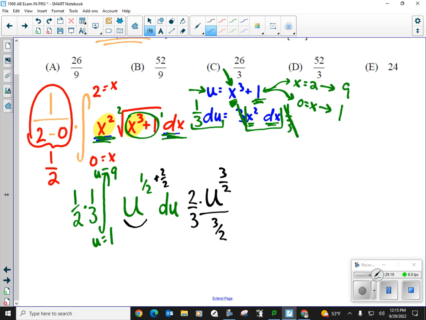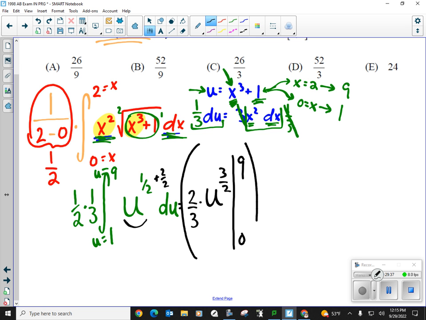So I'm going to go ahead and multiply, from 9 to 0. And by the way, let us not forget, we still have to multiply it by this. 1 over 2 times 1 over 3 is 1 over 6. I'm going to multiply that result by 1 over 6.